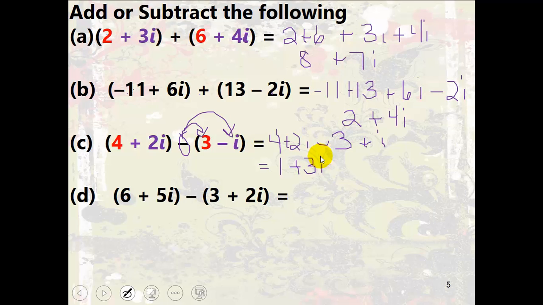So you do example D and come back and see if you got it right. So I'm going to do 6 plus 5i minus 3 minus 2i. So I get 6 minus 3, that equals 3. And then 5i minus 2i is 3i, just like that.